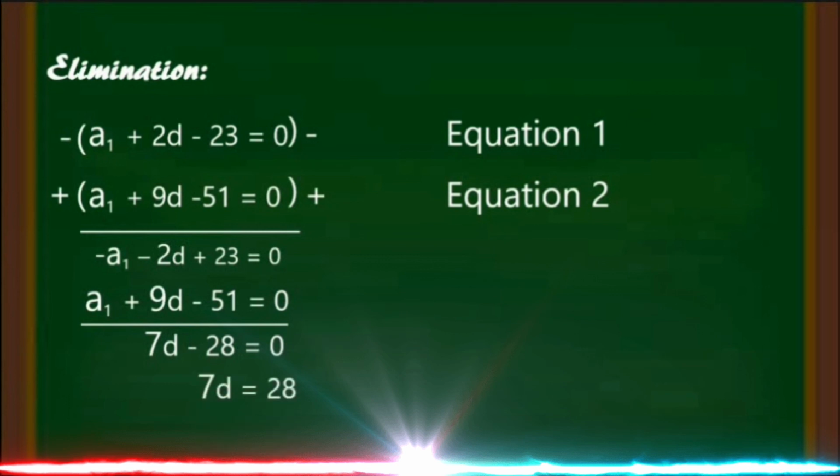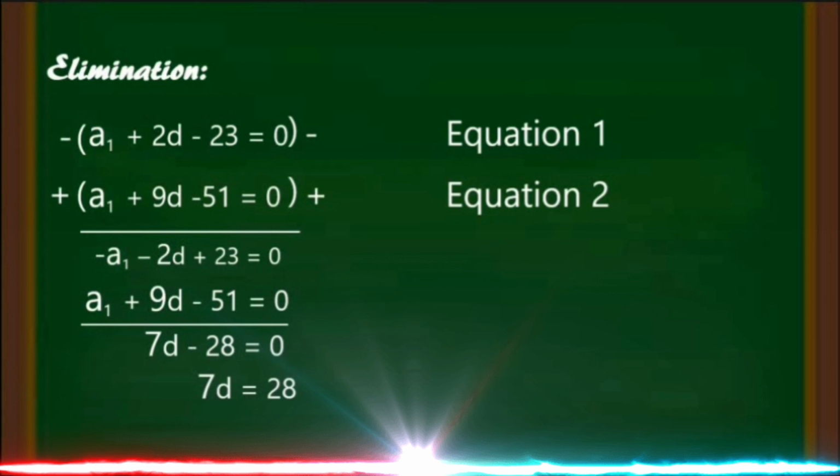Then the next step is we need to transfer our negative 28 to our right side. So what is left in the left side is 7d is equal to positive 28, because we transpose negative 28 to the right side.